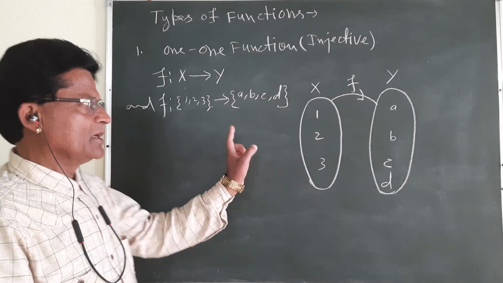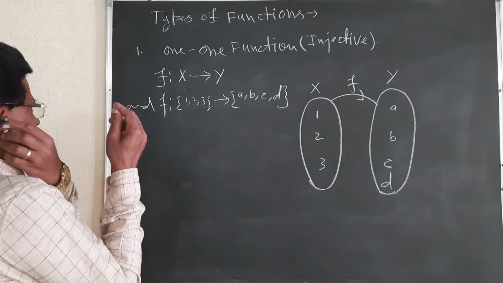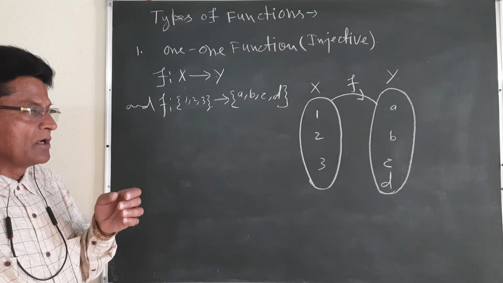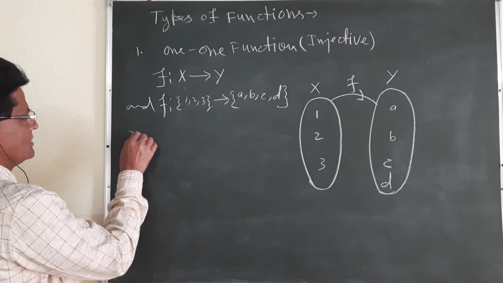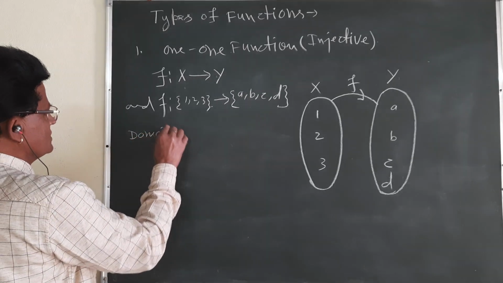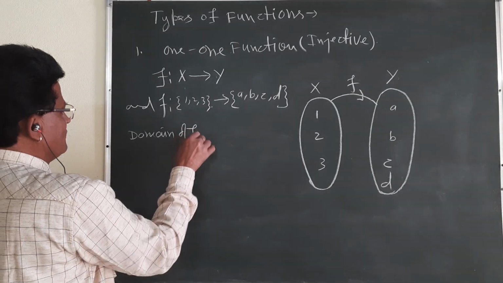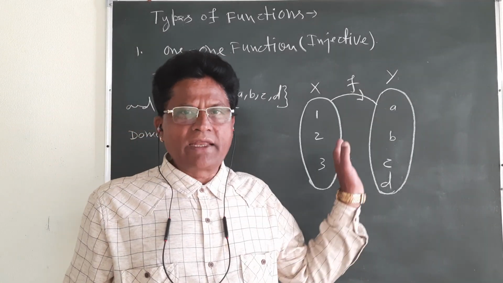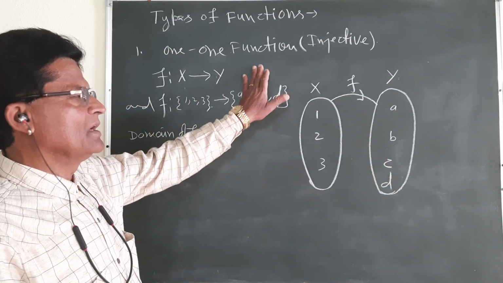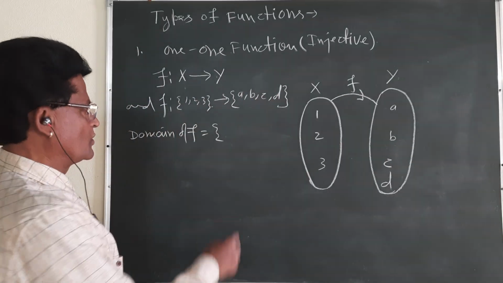First of all, you see the domain of the function. What will be the domain of the function? If you understand the domain of the function, then only you can understand one-one function.